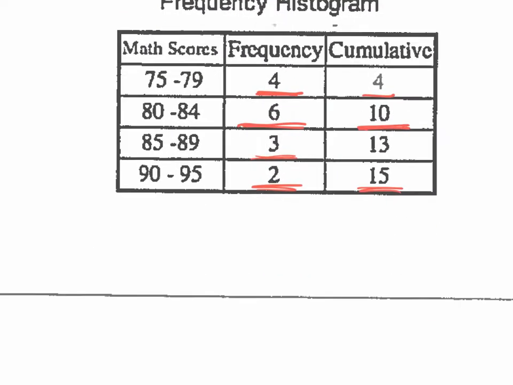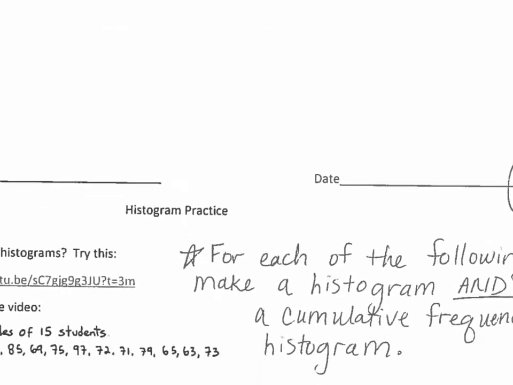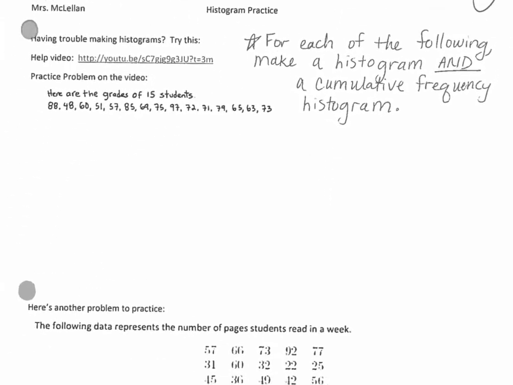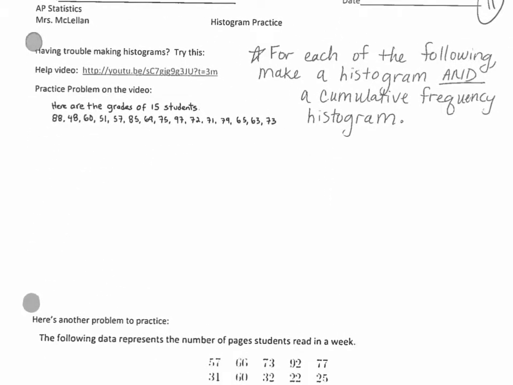So on the next page, we have this, and we are going to take one set of data and make a regular histogram and a cumulative frequency. It's not too bad a set of data. It's just 15 students. So we're going to do 2 things here. Let's split this in half so we can do both.